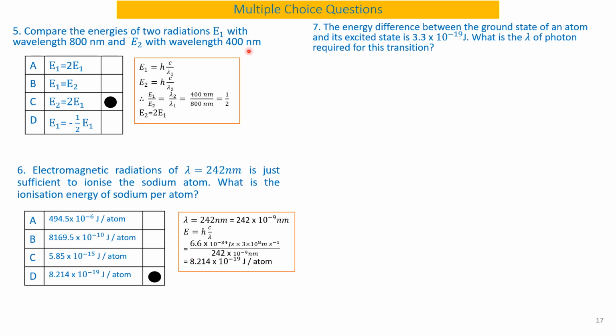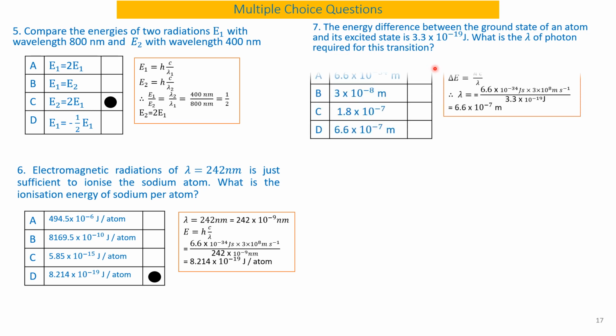Question number 7. The energy difference between the ground state of an atom and its excited state is 3.3 into 10 to the power of minus 19. So this is the energy difference, that is delta E. What is the wavelength of photon required for this transition? Four values are given in the table. You read all the four values and you have to calculate.